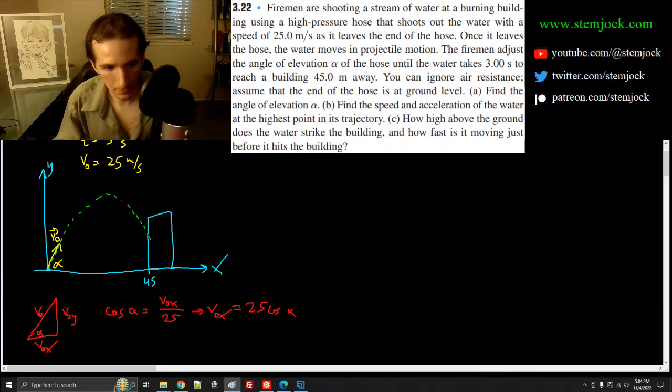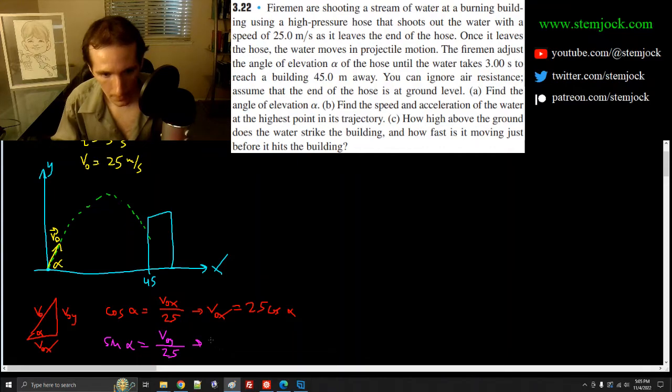And if I take the sine of alpha instead, this is the ratio of the opposite side, v0y, to the hypotenuse, v0, which is 25. And that means that v0y equals 25 sine alpha.